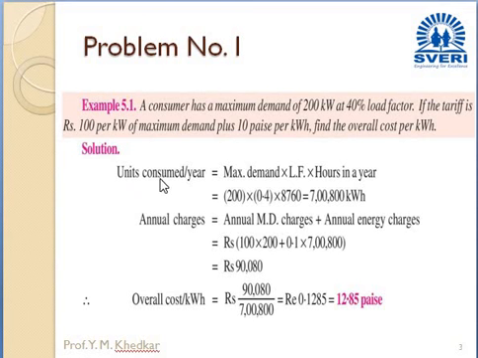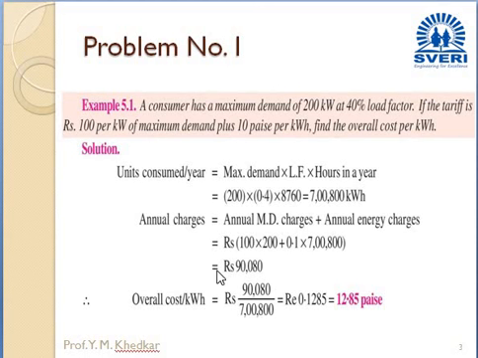Solution: units consumed per year is nothing but the maximum demand multiplied by load factor multiplied by hours in a year. So here maximum demand is 200 kilowatt, 0.4 is the load factor, and as I have recently mentioned, hours in a year means 24 multiplied by 365, which is 8760 hours, and total 7,800,000 kilowatt hour electricity is consumed.